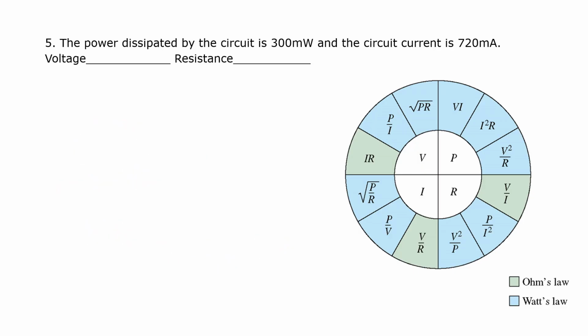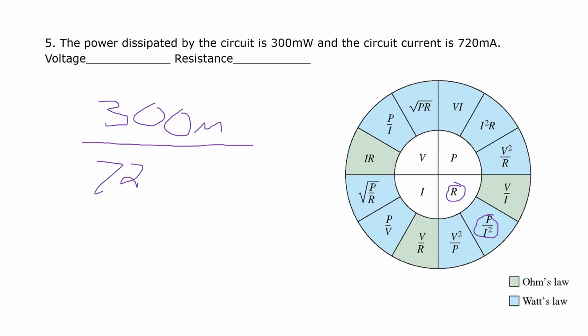Next up, they want resistance, and they gave us power and current here. So we have 300 milli for power, and then we have 720 milliamps, but this is squared. So that's going to make it a little interesting.